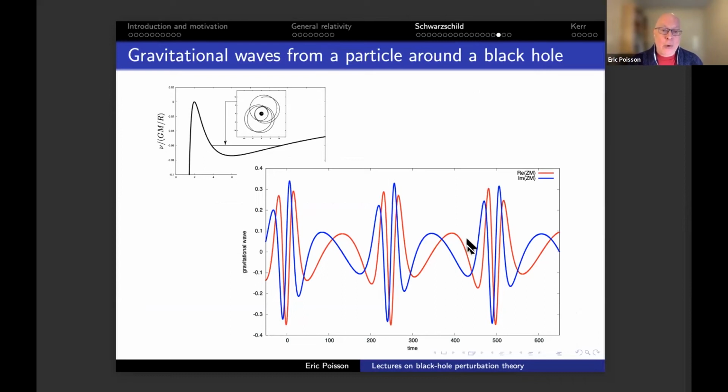Those gravitational waves are described in terms of the Zerilli function and the Regge-Wheeler function, and that is something that you can obtain at infinity.